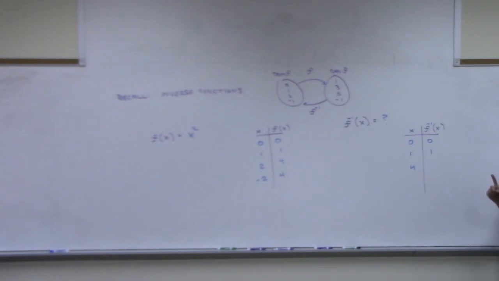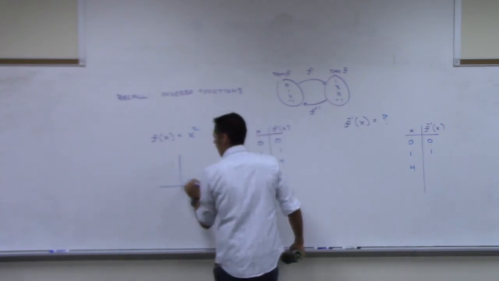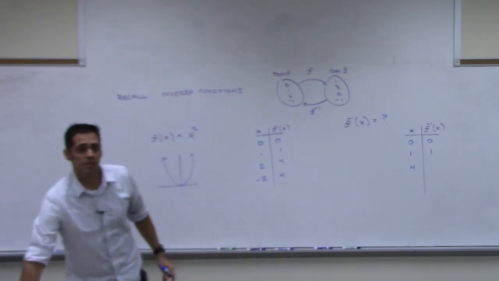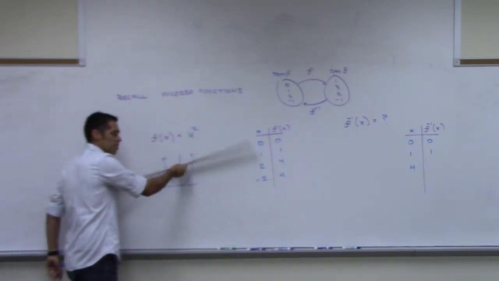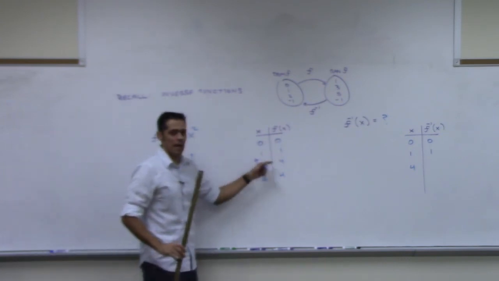That's a problem. And graphically, if we graph this parabola, the problem is that it fails the vertical line test? No, it fails the horizontal line test. So this is a function. For every input, there is one output.